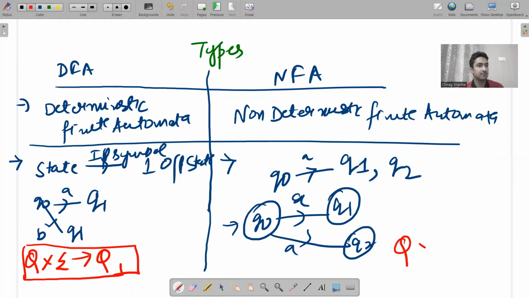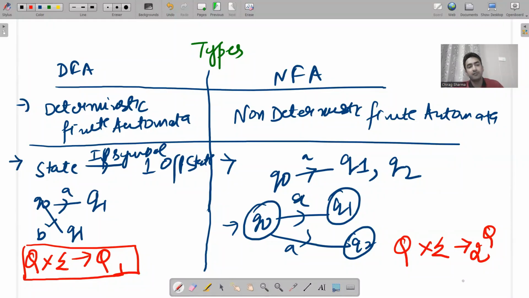Any state given any sort of input symbols, it can go to two different answers. So I'm writing it as 2 raised to power Q. So this is the basic difference between them. That transition symbol, everything is same. Initial set of states, in all the tuples, like initial state, then input symbols, then obviously transition symbol. So that is the difference I have written.